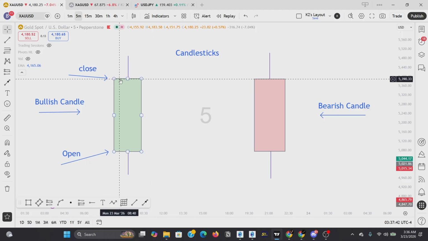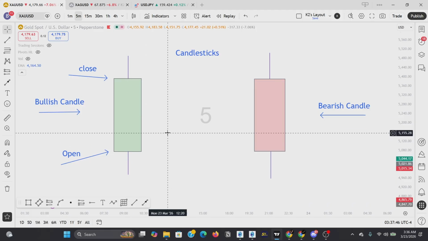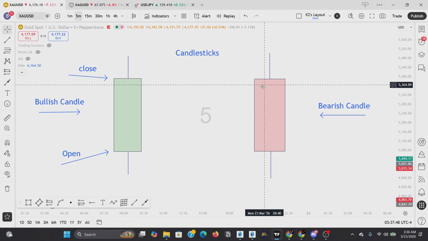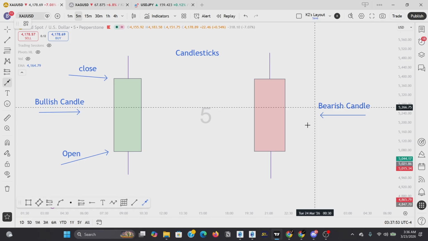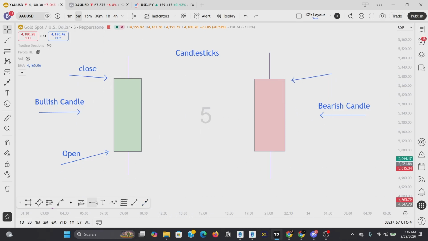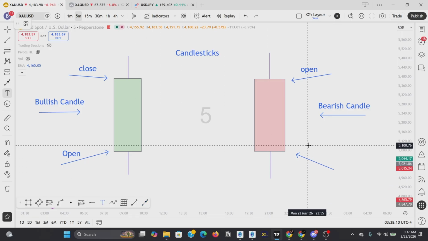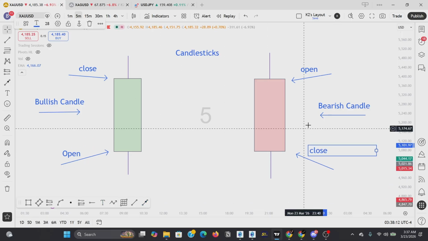The close will always be at the top of a bullish candle. The open will always be at the bottom of a bullish candle. Now with a bearish candle, it's the exact opposite. A bearish candle will open up at the top and it will close at the bottom. Boom.